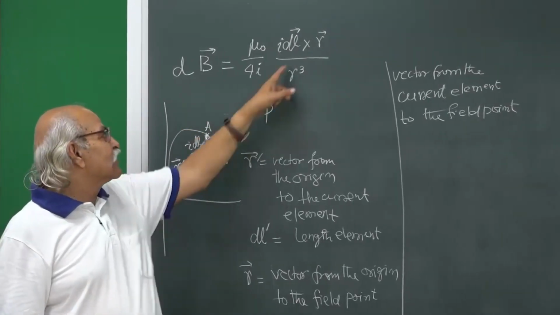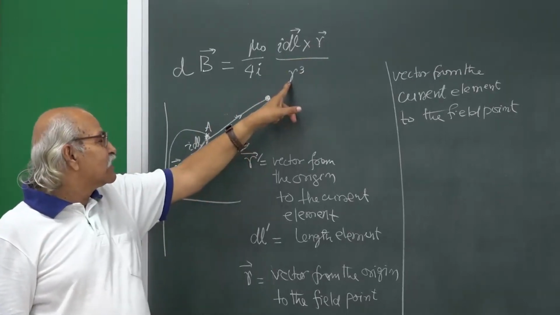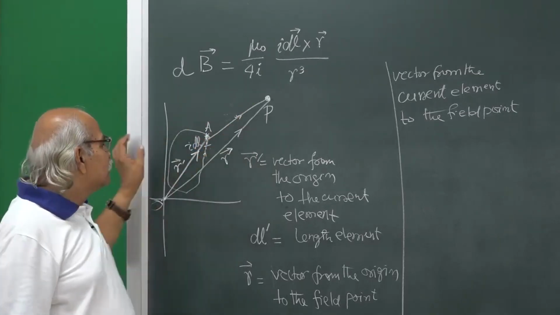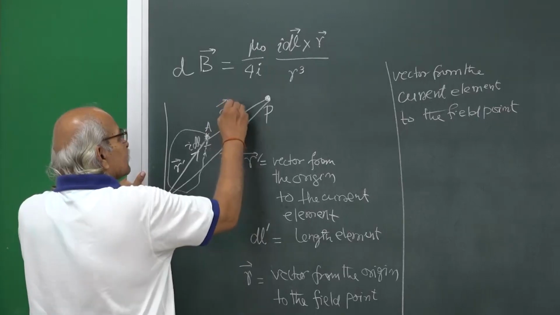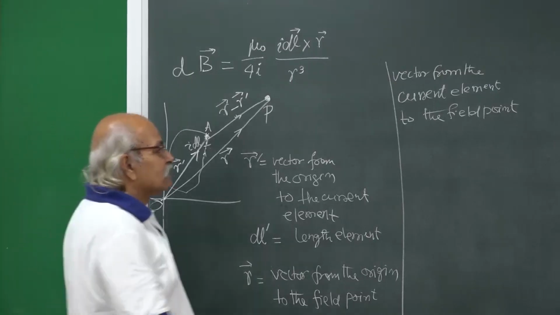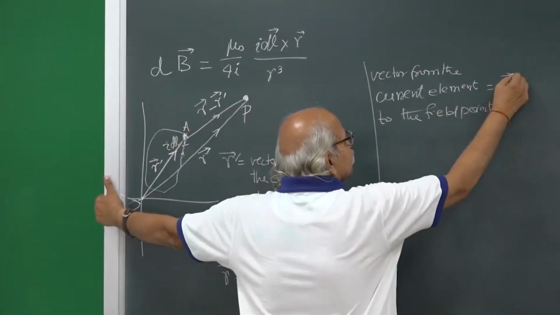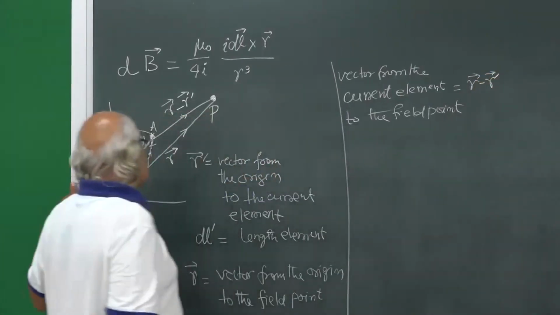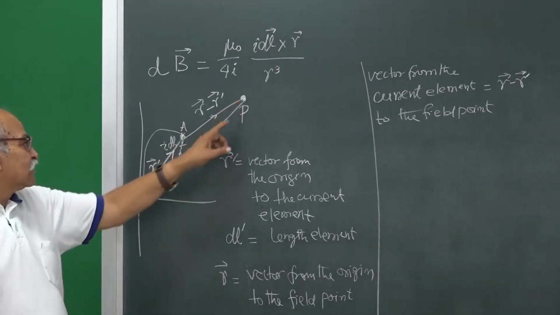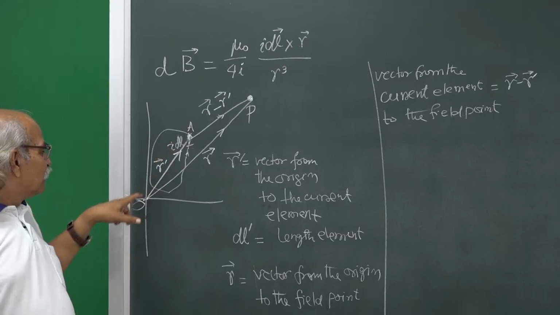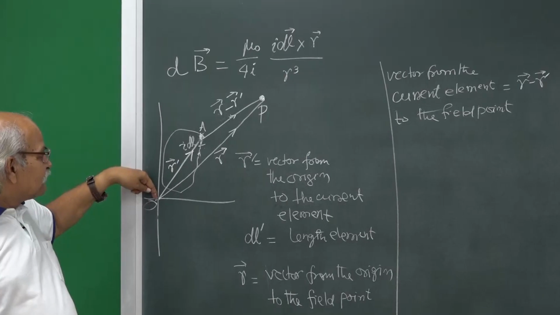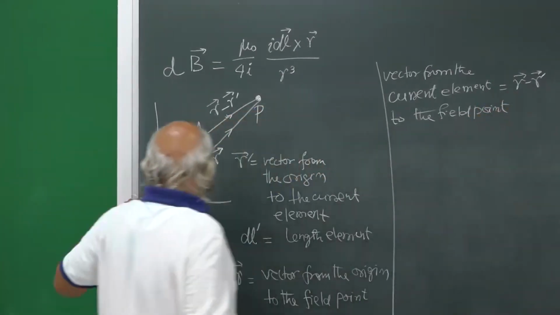So, vector from the current element to the field point will be now r vector minus r prime vector. R vector is from O to P, and this r prime vector is here. So, minus of r prime will be A to O, and then plus r is this.